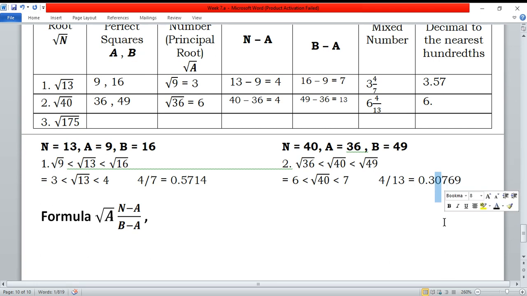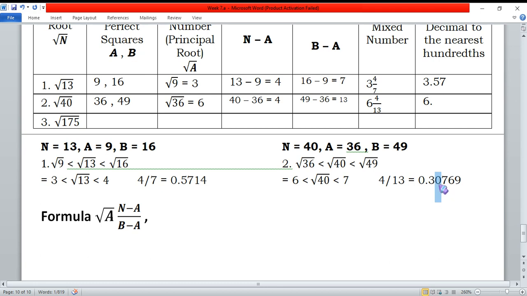Diba? Yung rules natin is to look at the number to the right of a number being rounded to. If it is 5, 6, 7, 8, or 9, it will be rounded up. So if it is 4, 3, 2, 1, 0, it will be rounded down. Rounding down meaning the numbers will still be the same. Rounding up, the number being rounded to will be added by 1. Okay?